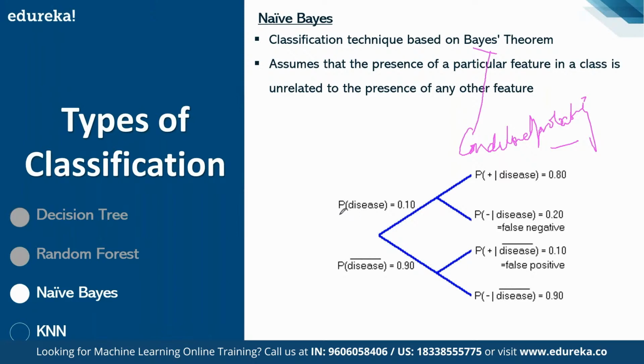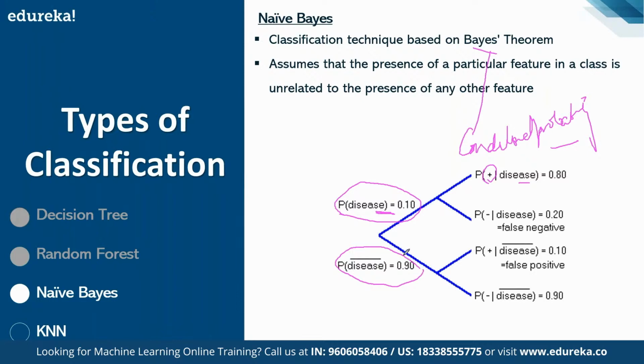First of all, the probability of having a disease is 0.10, and the probability of not having a disease is 0.90. Given the probability of having a disease is 0.10, you will further find out the probability that my test will be positive given I am diseased, and the probability that my test is negative given I have the disease.